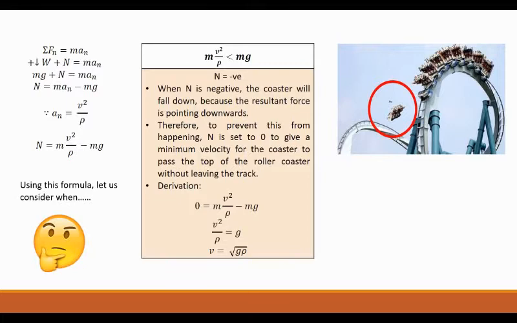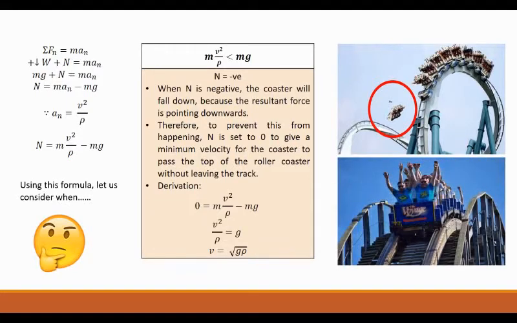The derivation of the formula can be seen as follows. Since the normal reaction is set to be 0, 0 is equal to mv squared over rho minus mg. So v squared over rho equals g, and v is equal to the square root of g times rho.